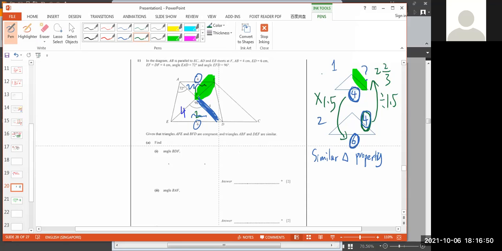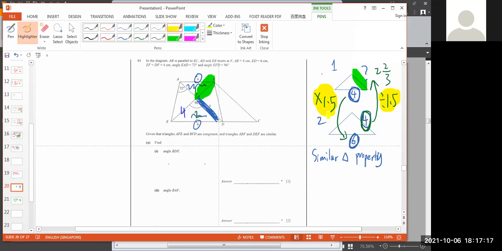Okay, so I just want to make sure that you know how come this is times 1.5. How come this is divided by 1.5? Do you know why? Yes. Okay, so why? Because 1 to 2 is scale up. So 1 to 2 means small to big is times 1.5.